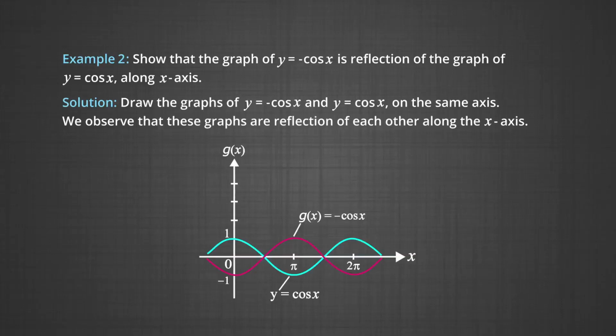We observe that these graphs are as follows, where the pink line is the graph of the function minus cos x, the blue line is the graph of the function y = cos x, and what we observe is that one is the reflection of the other in the x axis.